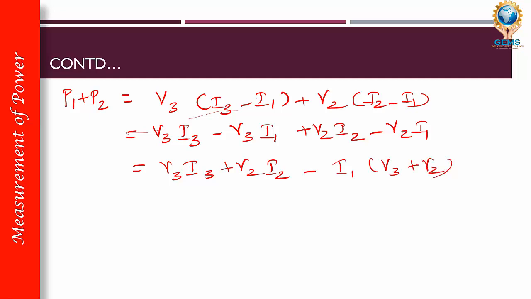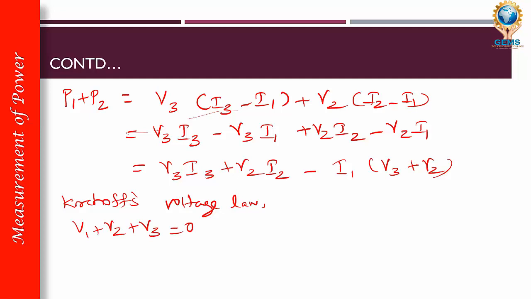Now again, what is Kirchhoff's voltage law? Kirchhoff's voltage law states that the sum of voltages in a closed network will be 0. V1 plus V2 plus V3 is equal to 0 for a closed network. So I can write V3 plus V2 is equal to minus V1.